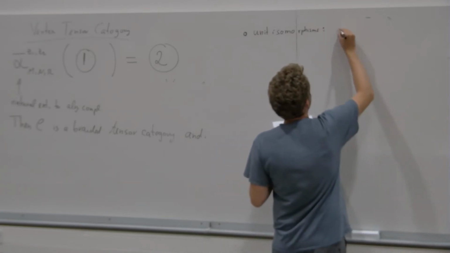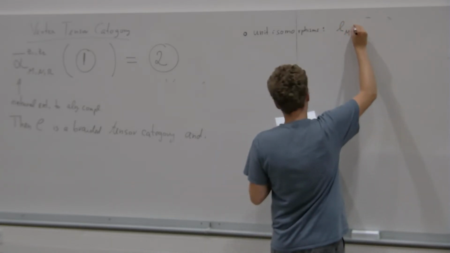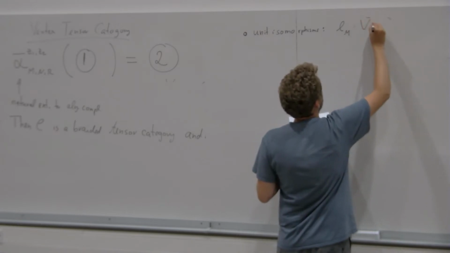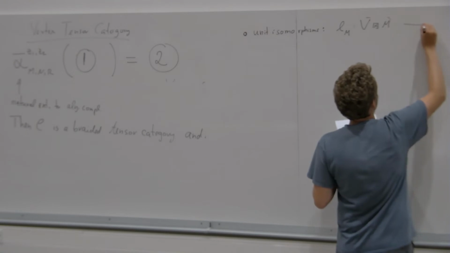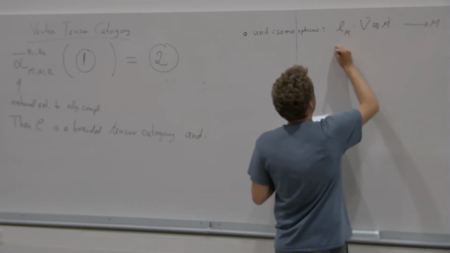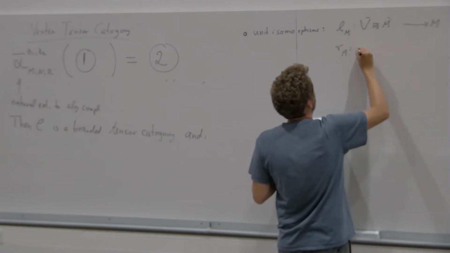That means the unit is the VOA, and we have a left multiplication on a given module. We have a right multiplication given on a module by the unit.